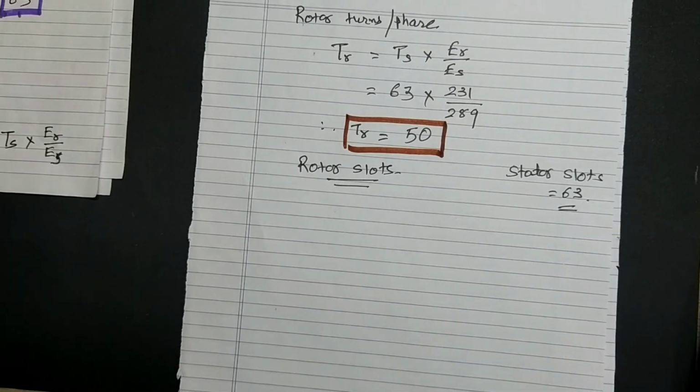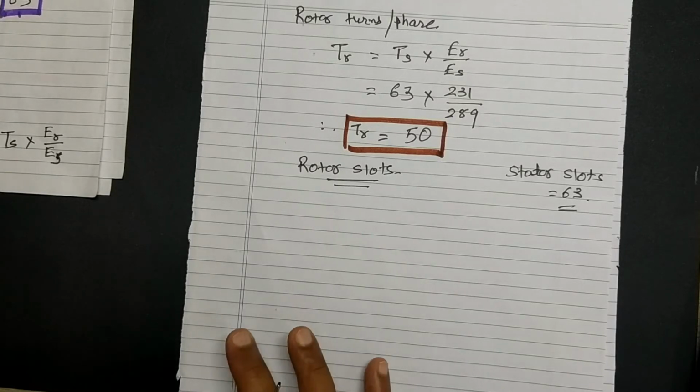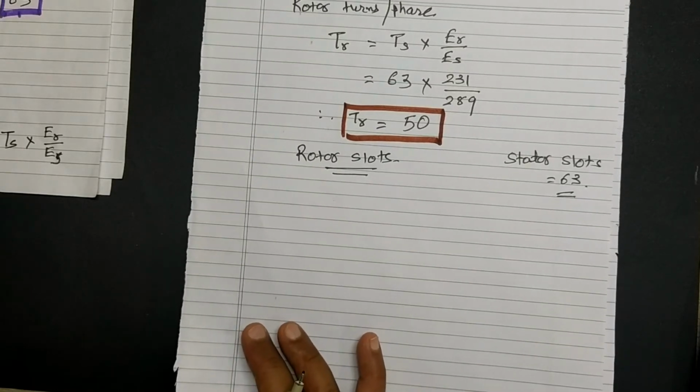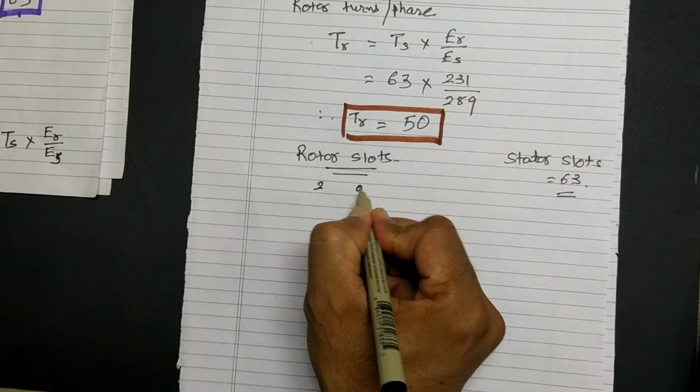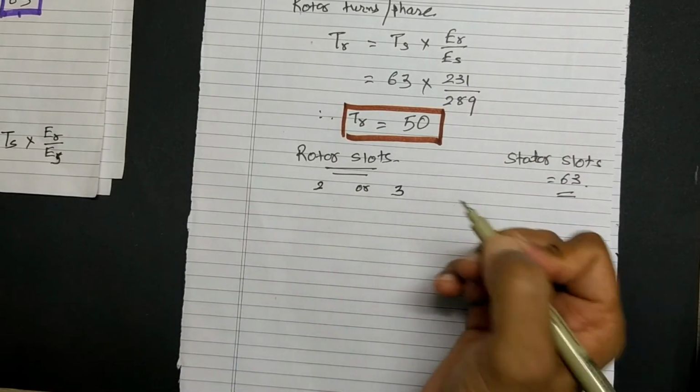Now in case of a slip ring type of rotor, we normally take an integral number of rotor slots per pole per phase. Suppose the number of slots per pole per phase is either 2 or 3.